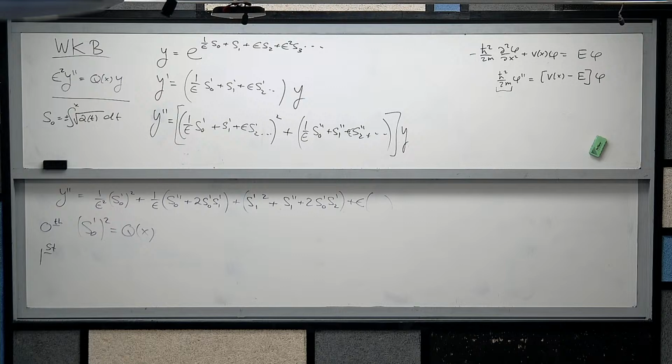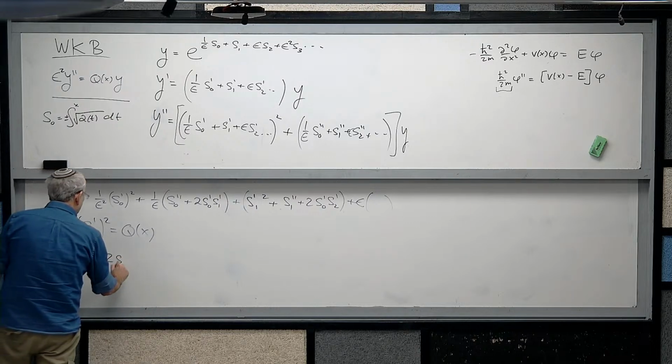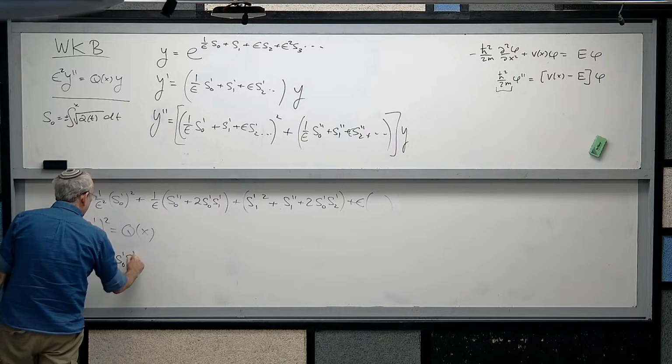Now I have to collect things that are order epsilon, because this was order epsilon to the 0. This will be order epsilon. Now on the right hand side, do we have something order epsilon? No. On the left hand side, however, we have this. So we have S naught double prime plus 2 S naught prime S1 prime equals 0.